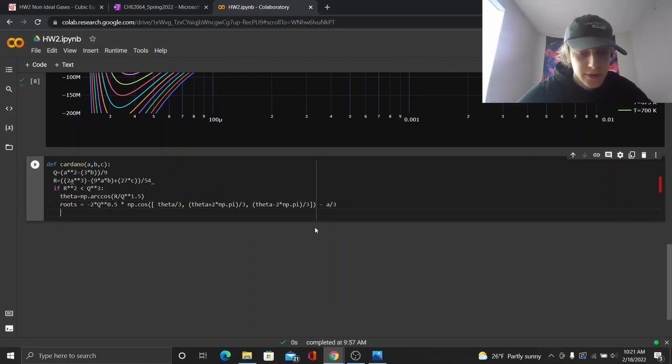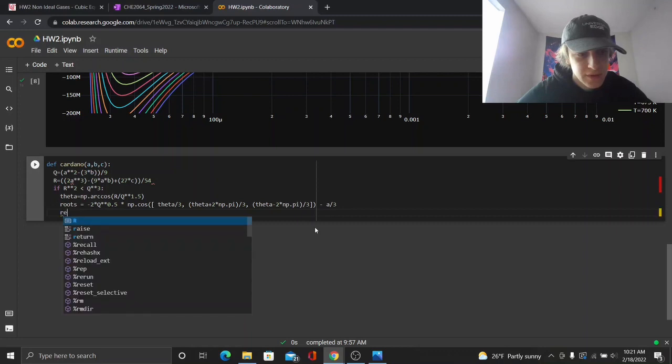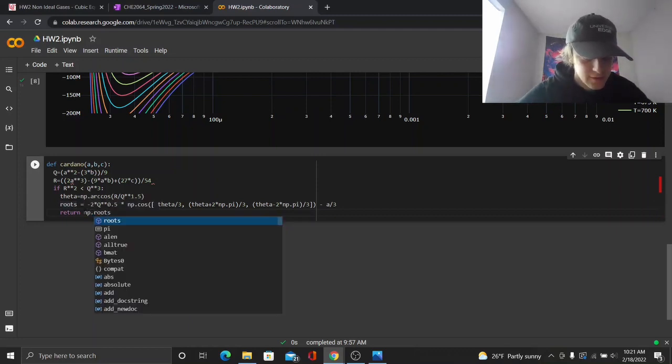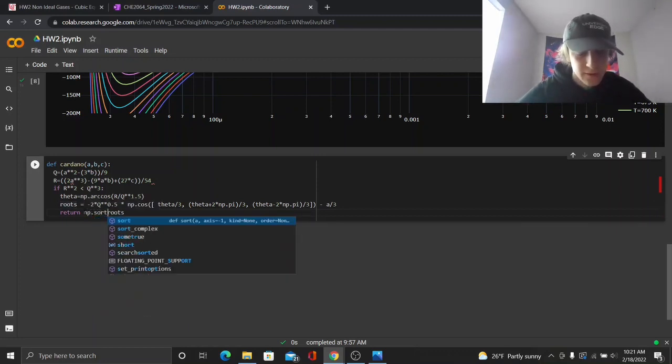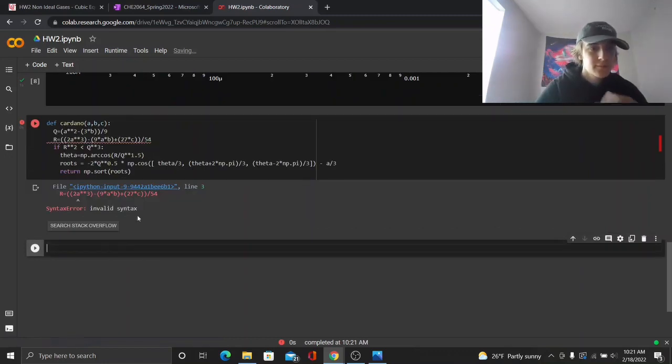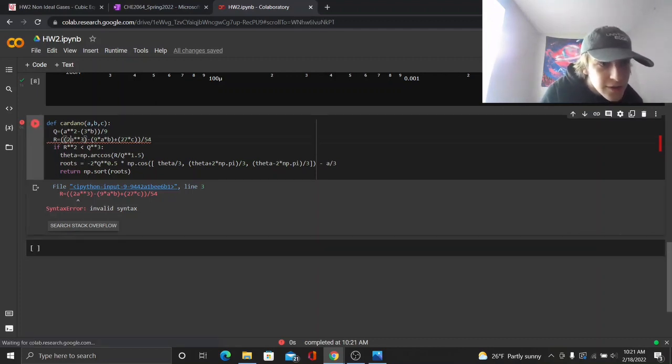And then what we're going to want to return is our roots. But I'm also going to sort them so that we have them from smallest to largest for the future. And looks like I forgot a multiplication right here.